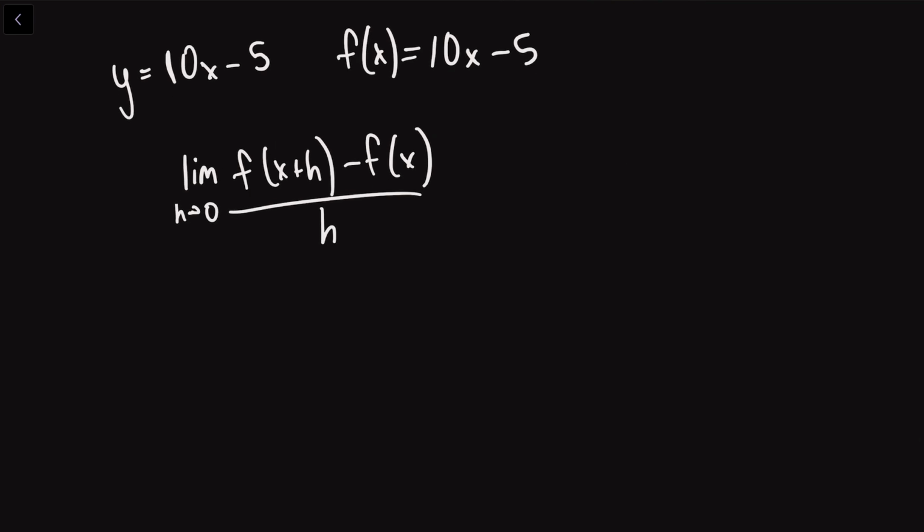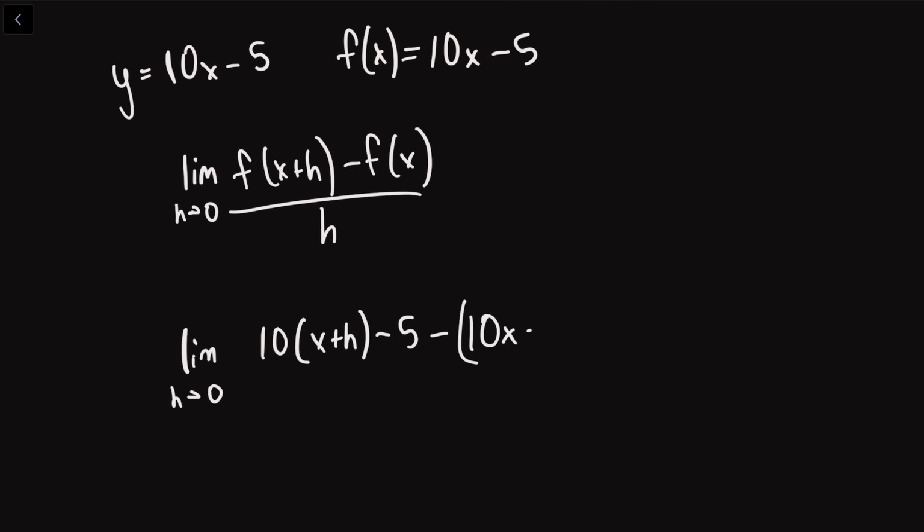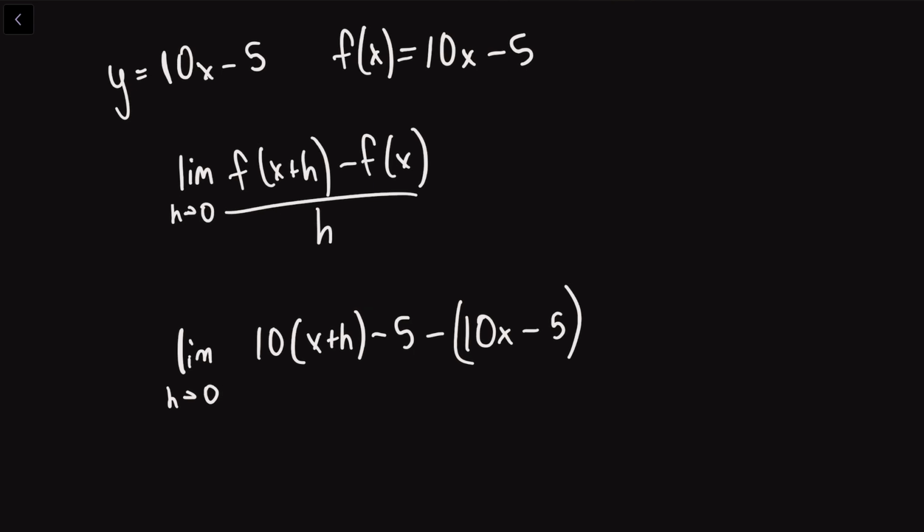So let's plug in x plus h into our x. So we get 10 times x plus h. We just plugged in x plus h right here, minus 5. So that's this part done. And then minus f of x, which is minus 10x minus 5. Make sure to do your parentheses. And then over h.